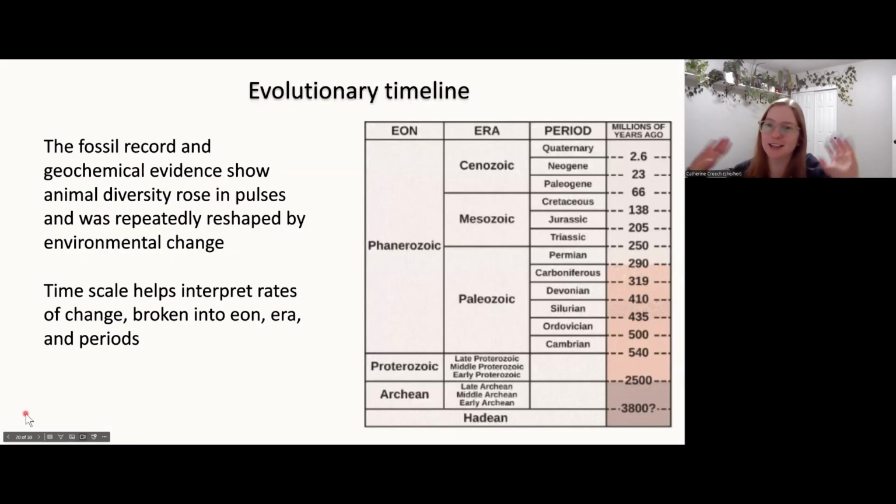All right, now let's talk about the evolutionary history of animals. So our fossil record and evidence based on volcanic activity shows that the animal kingdom didn't happen once. There were repeated changes, there were mass extinctions, it was gradually reshaped, it changed many times.